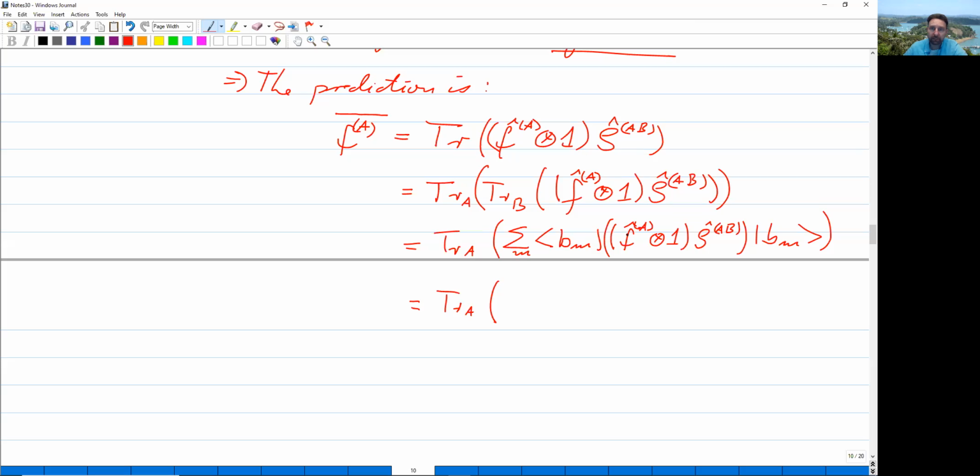It means that since the f hat is non-trivial only on the first tensor factor, we can write this as the sum over M, and then we can pull out the f hat A, and then we have the BM and rho hat AB BM.